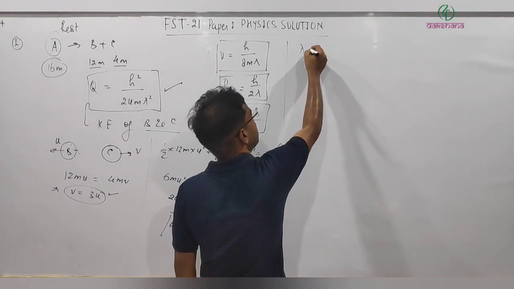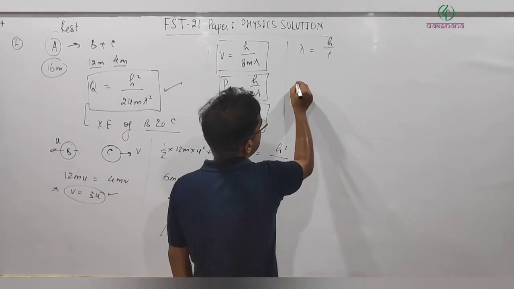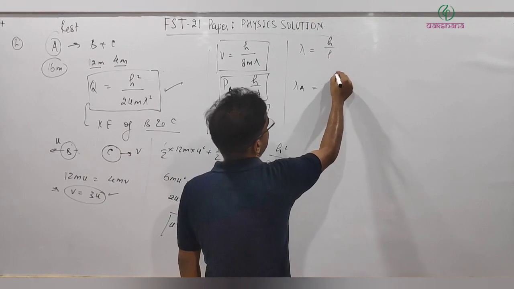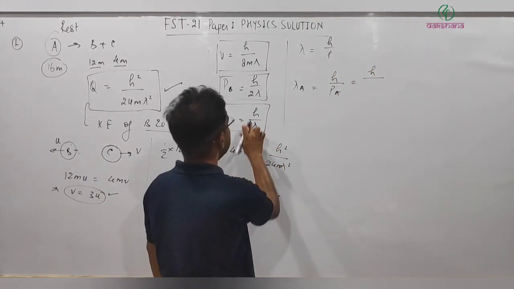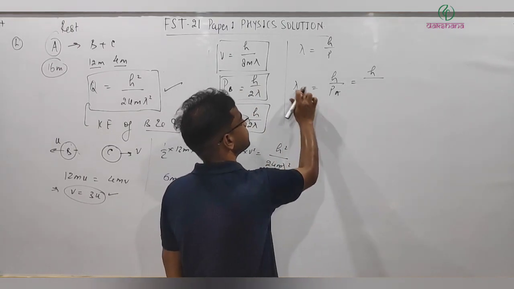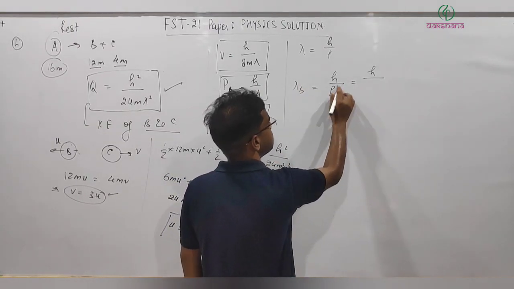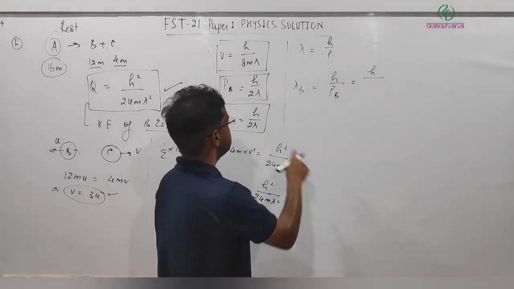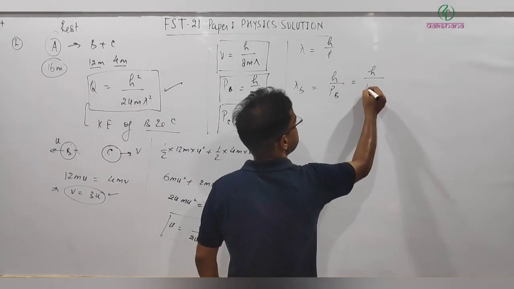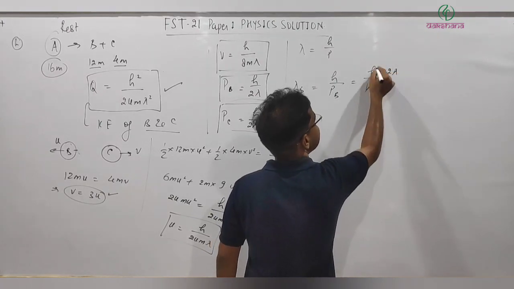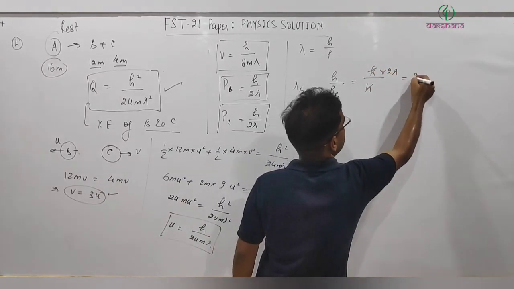We know lambda de Broglie is equal to h by P. Sorry, we are asked for B and C. So for B, if I substitute PB here, it will be h divided by h by 2 lambda, and h gets cancelled, so it comes out to be 2 lambda.